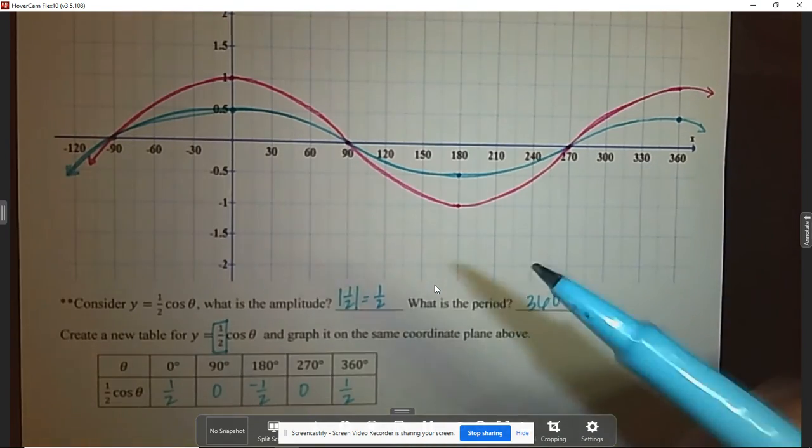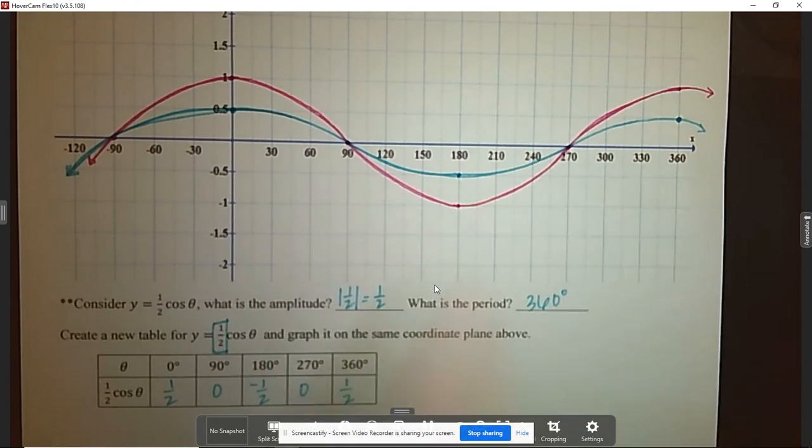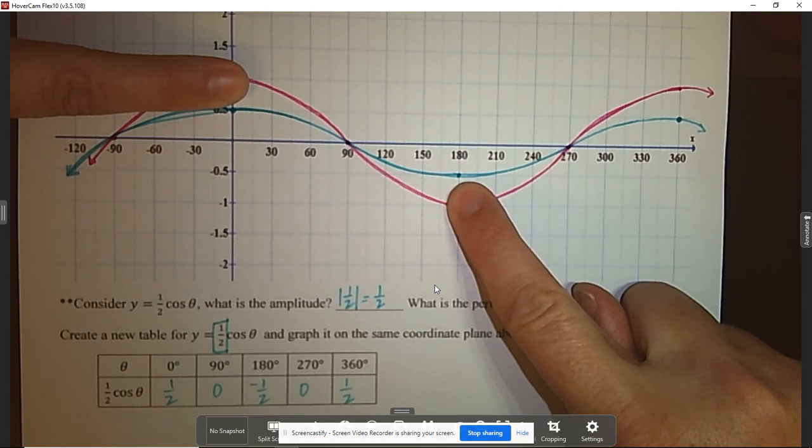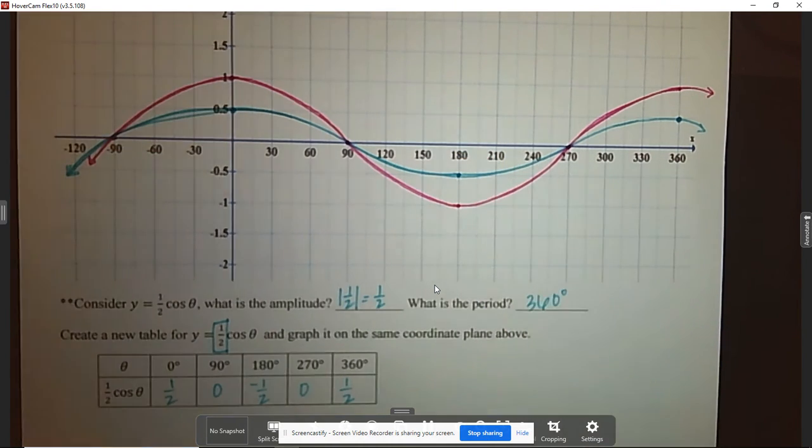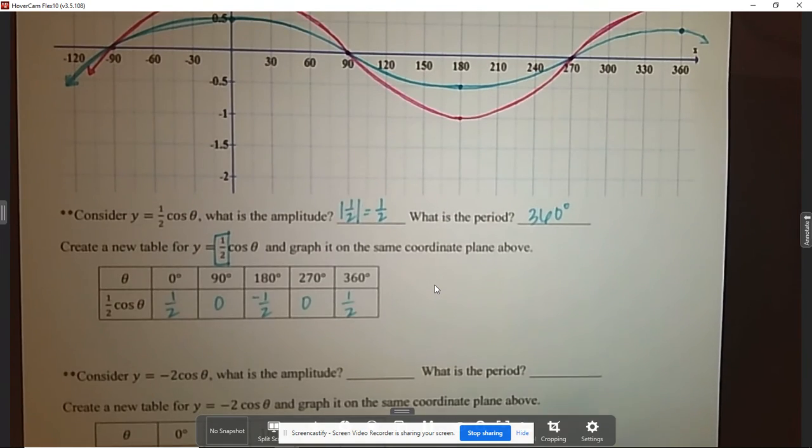Okay, it's a sketch again. All right, so you can see the blue graph is definitely much more narrow. And if I look, it bounces between a half and -1/2, so a total distance of 1. If I cut that in half, I get 1/2, which is the amplitude.